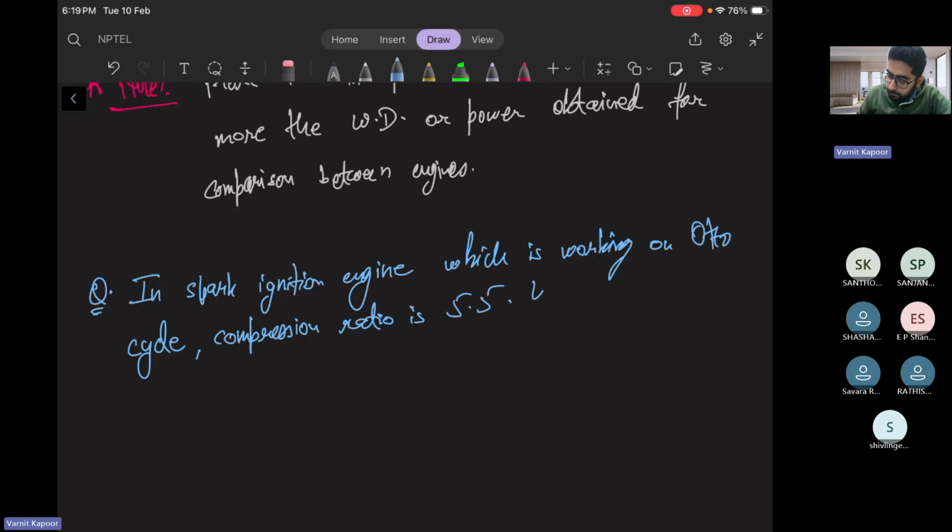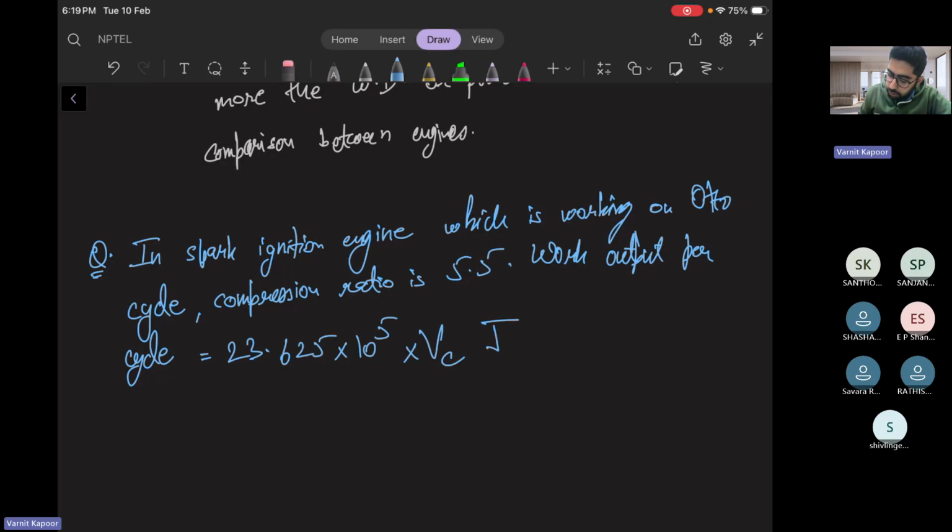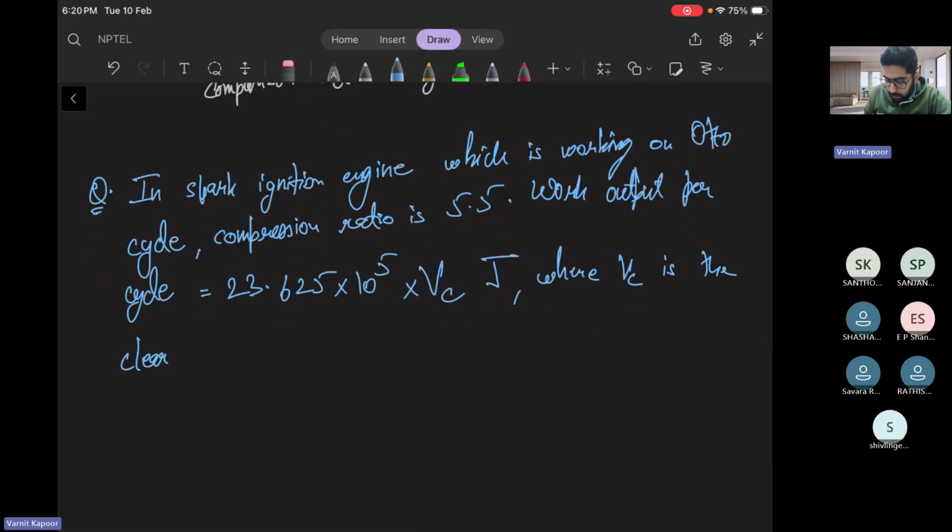Work output per cycle is equal to 23.625 into 10 to the power of 5 into Vc, that is your clearance volume, joules. This is your work done, where Vc is the clearance volume in meter cube. Determine the mean effective pressure.